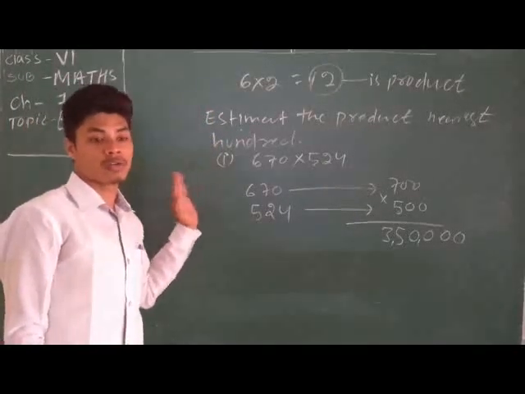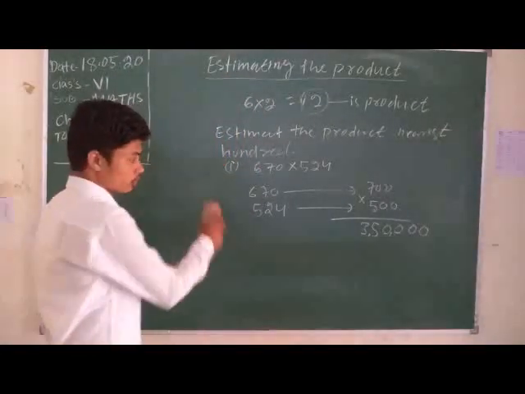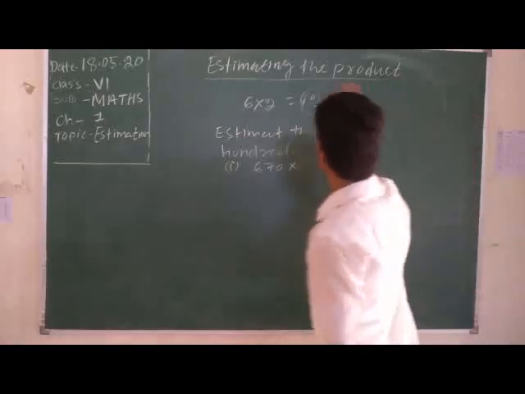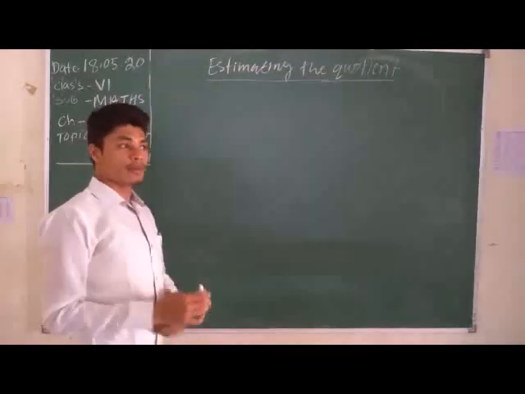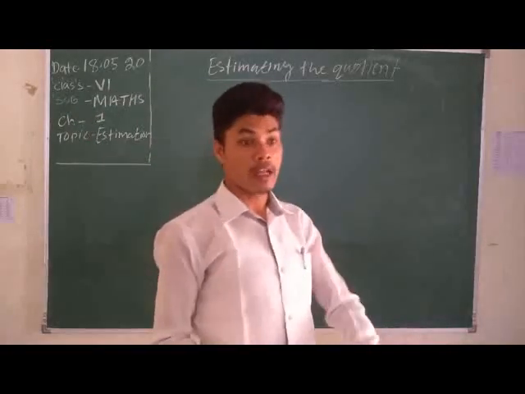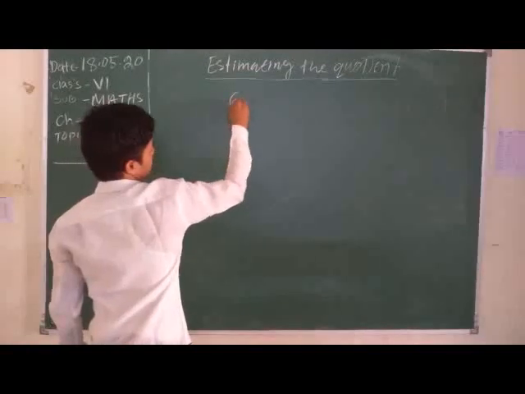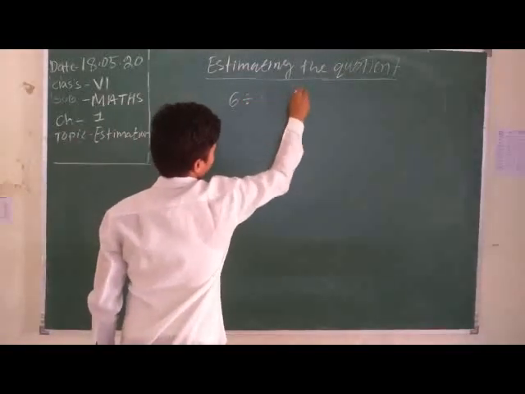Now we learn about the estimated quotient. How do we find the estimated quotient? See the board. If you know it divides easily, then how do you estimate the quotient? Take a small example: 6 divided by 3 equals 2.